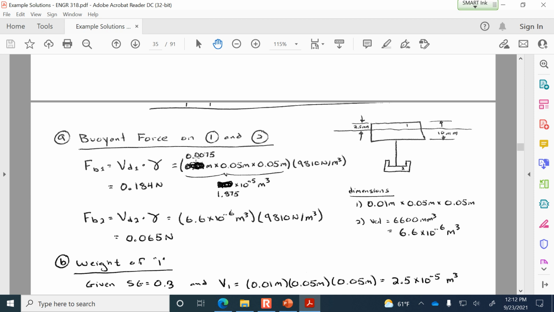So 0.0075 is the depth of submergence, and then the width and the height of the object multiplied by the unit weight. So we have a certain buoyant force of object 1, the buoyant force of object 2. We were given its volume and it's fully submerged. And here you can see the conversion factor that we were finding the volume of object 2 in cubic meters.